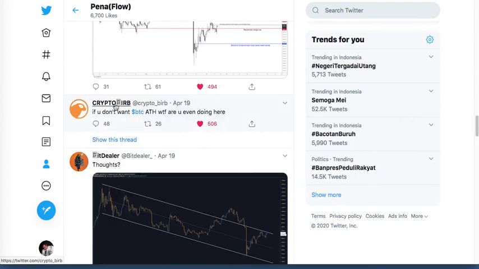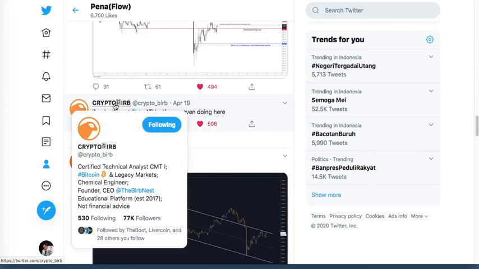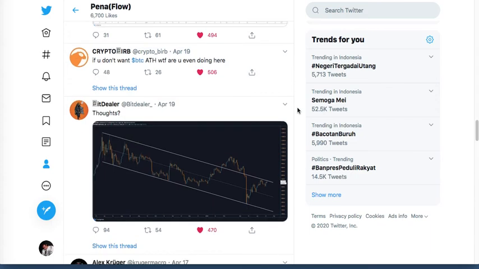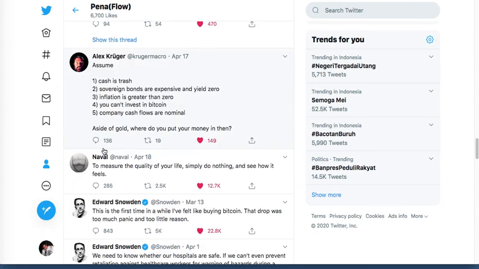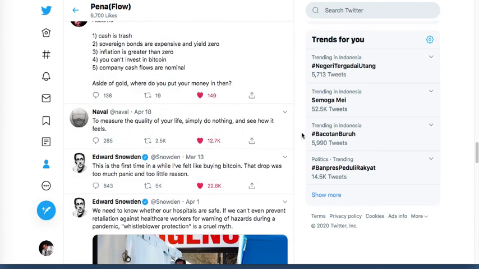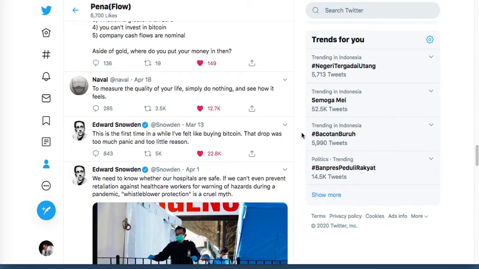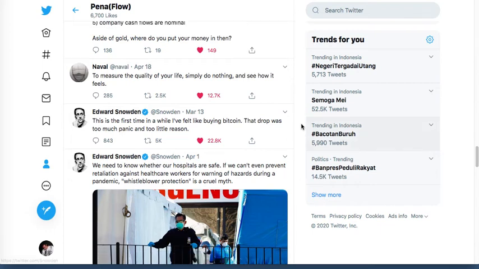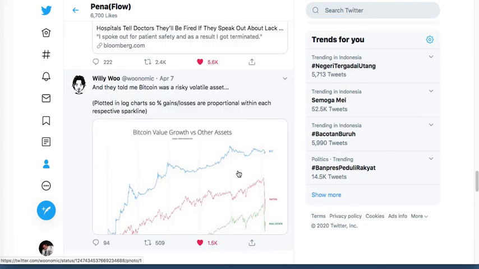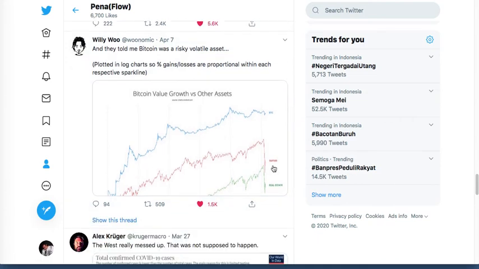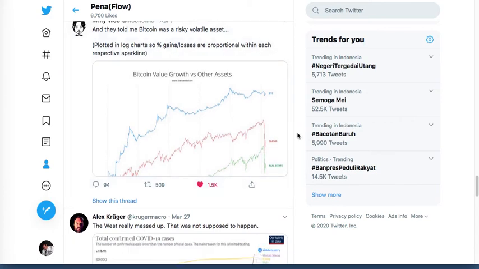Crypto Burb is amazing too, one of the biggest ones. This one I don't know, but I'm following, so I don't recommend. Naval, just because it's Naval, is not a trader. Snowden is also not a trader, but let's see. Willy Woo is like a macroeconomics guy, and he's been around since the beginning, one of the biggest analysts on Bitcoin, with on-chain analysis.